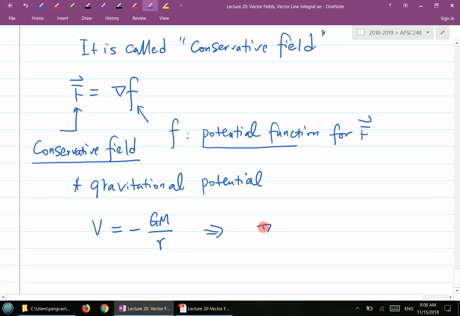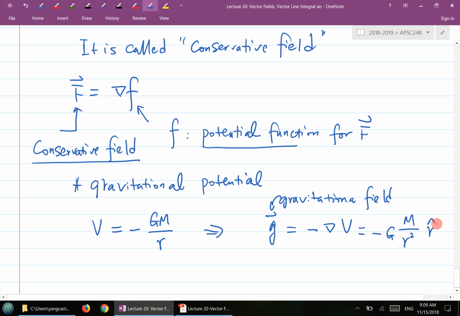Now if we do a gradient calculation for this gravitational potential function, more precisely, in notation, we add a negative in front of it. We calculate this negative gradient of V, and we get the so-called gravitational field. The calculation will yield negative G M over R squared times R hat, a vector field.